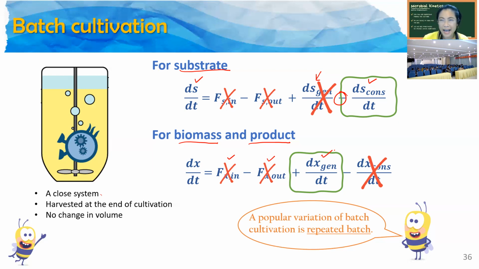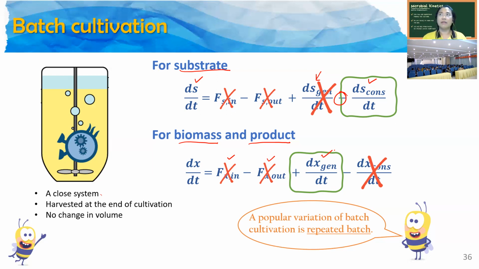And then you add the fresh media in. So whatever is left at the bottom of your fermenter is acting as an inoculum. Each time you harvest, you end one batch, but you are not harvesting all of it. You have something left as an inoculum for the next batch that you put your fresh media in. So that is called repeated batch.